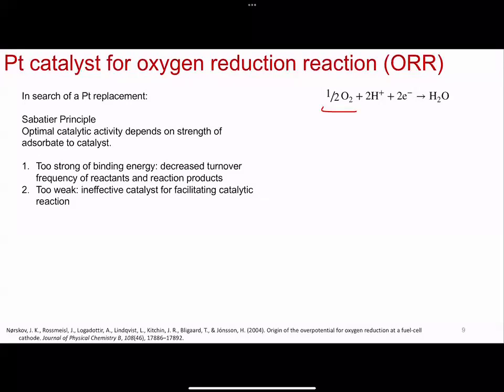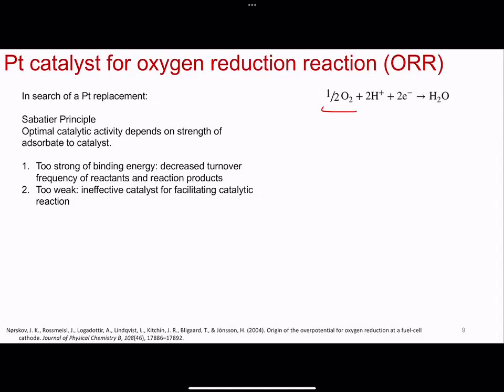So what's governing what materials you pick is the Sabatier principle. This principle basically just tells you whatever catalyst you pick, your adsorbates need to not bind too strongly onto the electrode, a catalyst, but it can't bind too weakly either. So it's a very fancy way of saying you need the Goldilocks of catalyst adsorption energy.